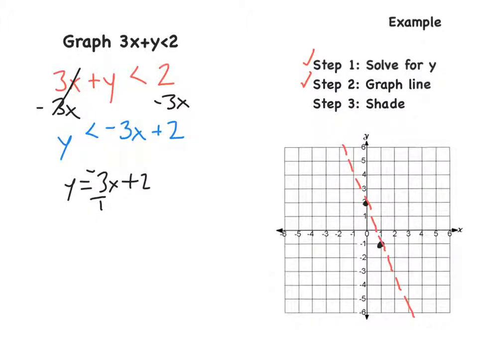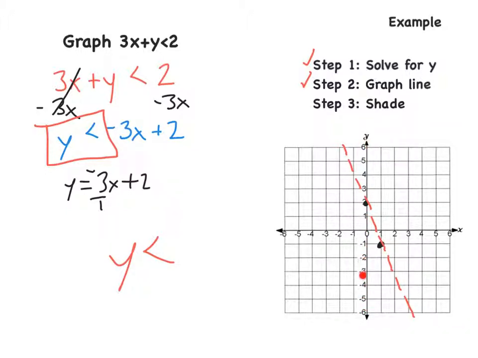So think of it like this. We have y is less than something. I like to look at the y-axis. I want everything that is less than this line. If it's greater than this line, it would be anything that's on the line above the y. But I want everything that's less than y.